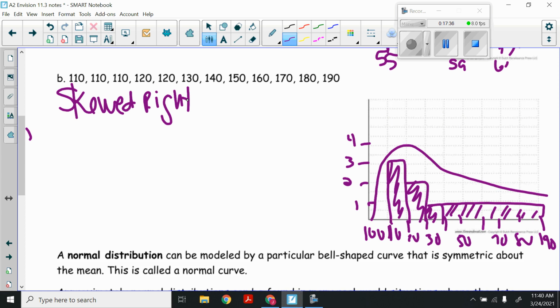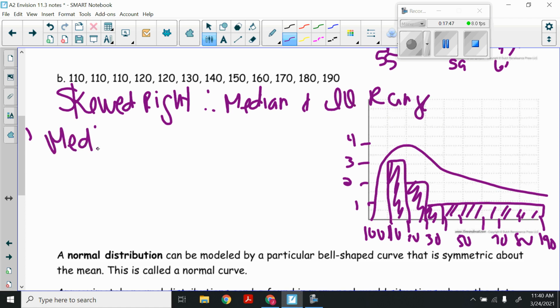So again, we're looking at the median and interquartile range. If I find my median, I have an even set of numbers. So when I find the middle, I get 130 plus 140, the average of those. So my median is 135.